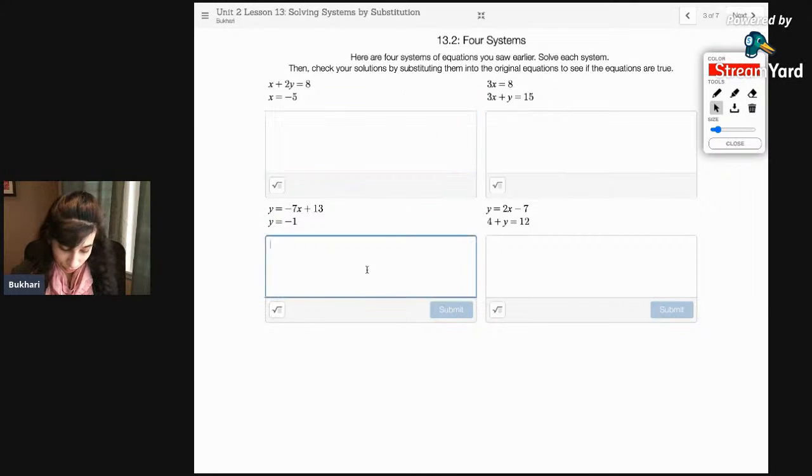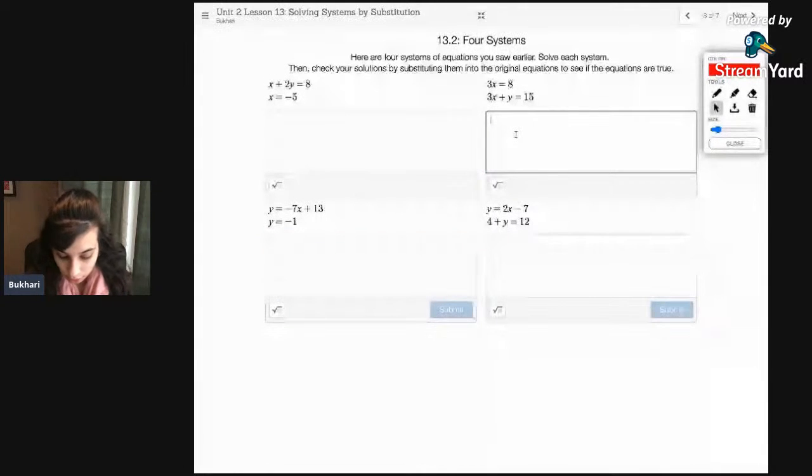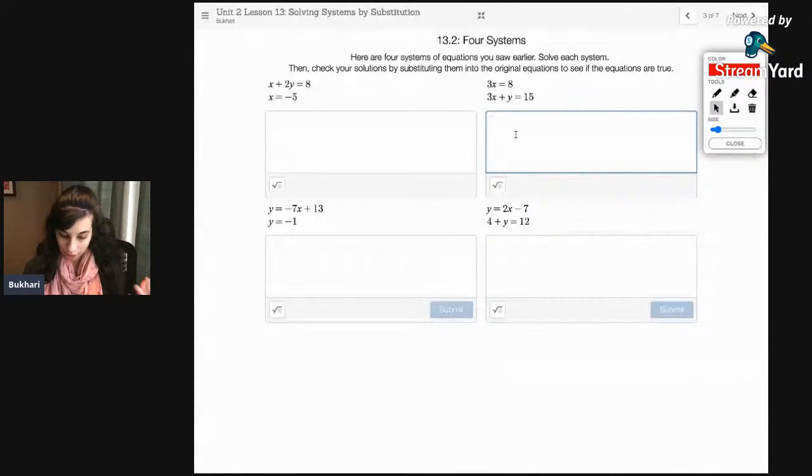What we can see here is that we have a system of linear equations. We have two equations. How can we use substitution to help us find our solutions? In this instance we start off with something a little simple. We have 3x equals 8 and 3x plus y equals 15.